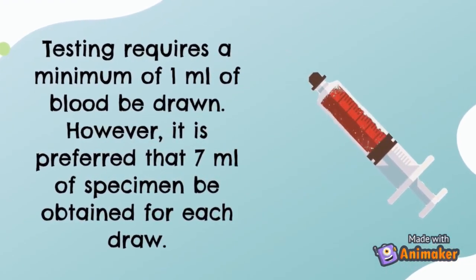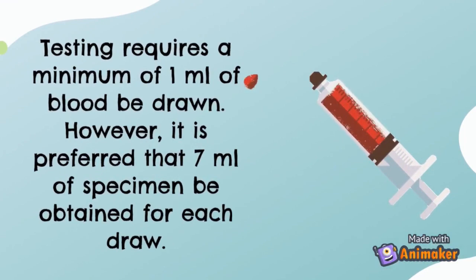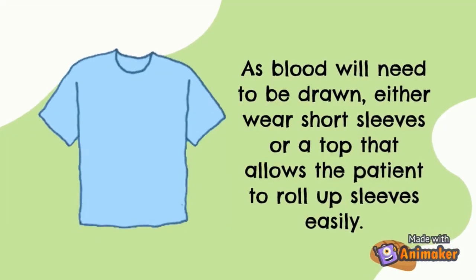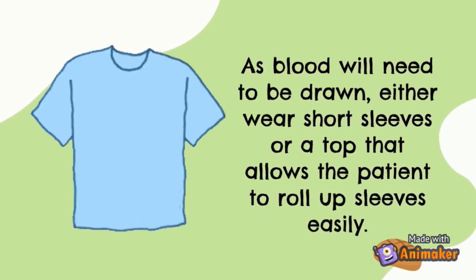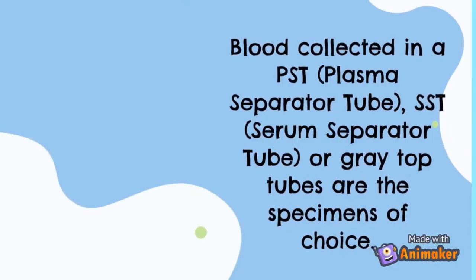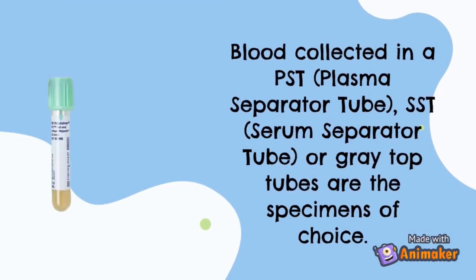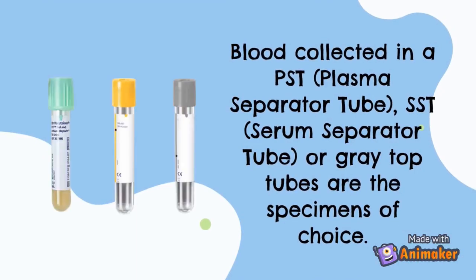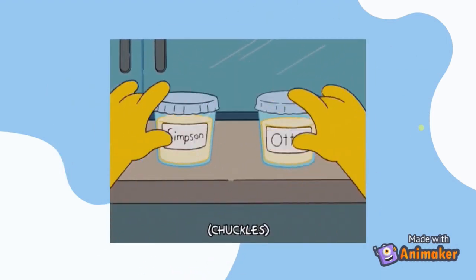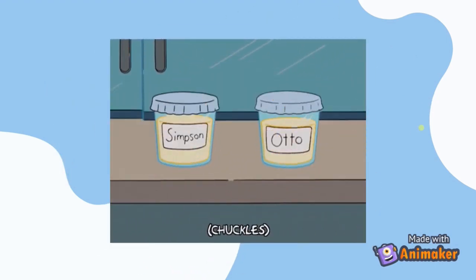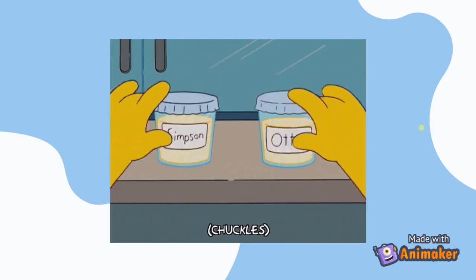However, it is preferred that 7 ml of specimen be obtained for each draw. Next, as blood will need to be drawn, wear either a short sleeve or a top that allows the patient to roll up the sleeve easily. And lastly, blood collected in SST, SSD or grey top tubes are the specimen of choice. A random urine sample may also be necessary depending on where the patient samples are collected.